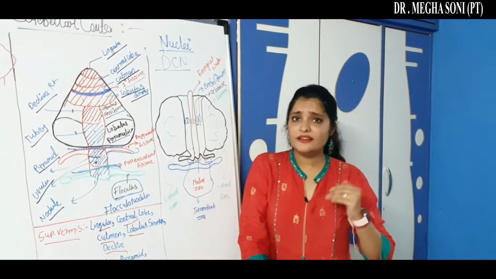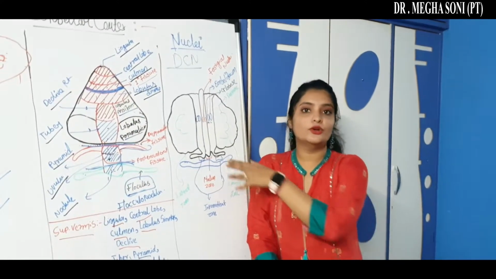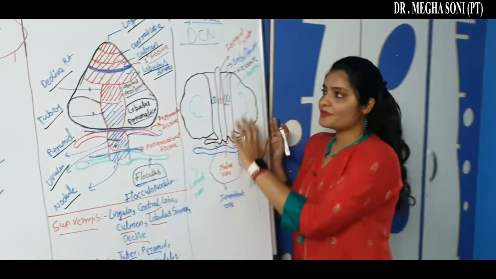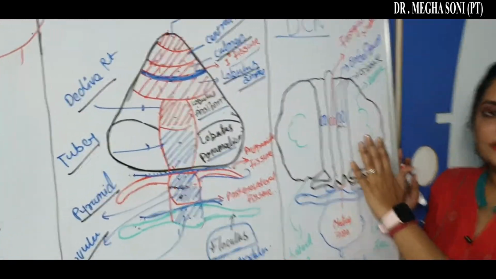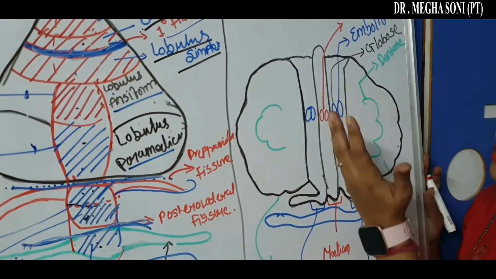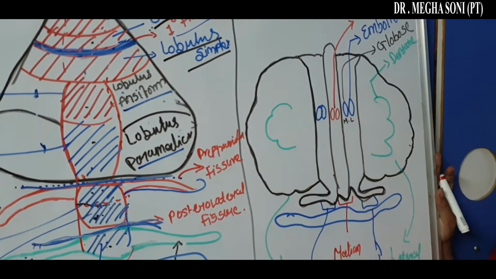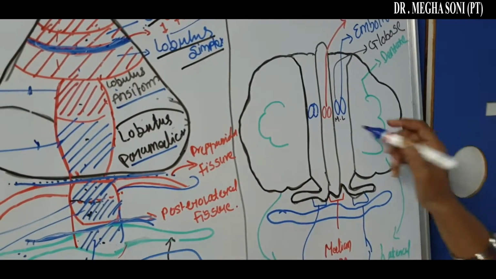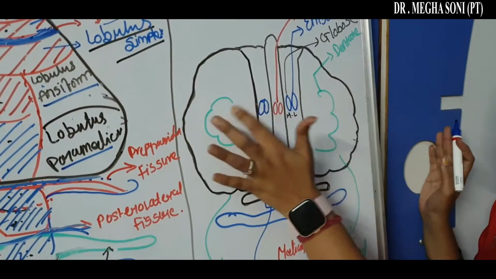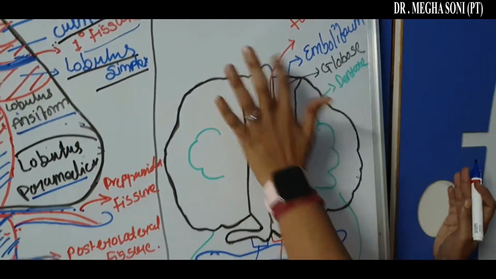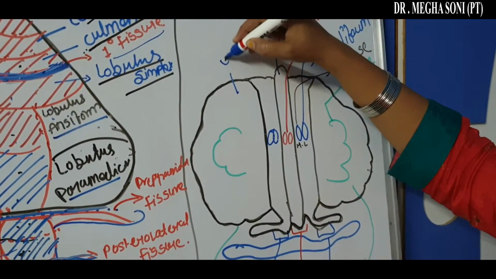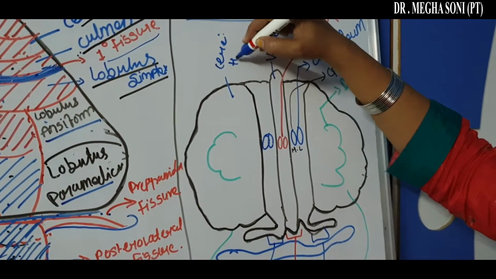Fine. So it is very important to know which nuclei are situated in the cerebellar hemisphere. Let's assume I have divided this cerebellar hemisphere into different zones, just to make this topic easy. This middle portion is the vermis, and this is the cerebellar hemisphere.